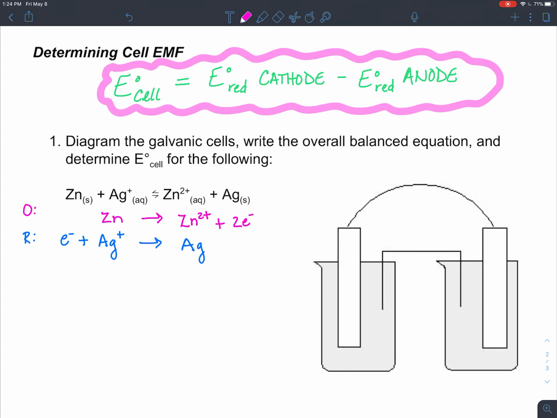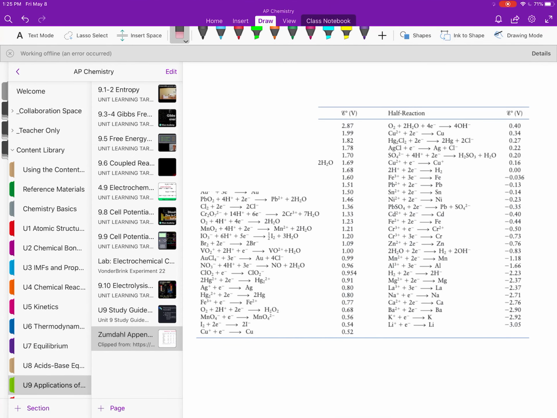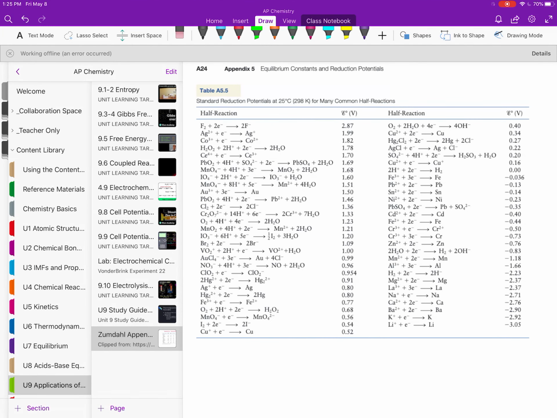So if we're just going to use these two values, we can say, okay, well, we know that the reduction is happening at the cathode, and we know the oxidation is happening at the anode, and we could plug those values straight from the chart into this particular equation, okay? So the other way that we can do that is to actually flip the sign of one of these as well. So let's go ahead and go back into that chart just so we can take a look.